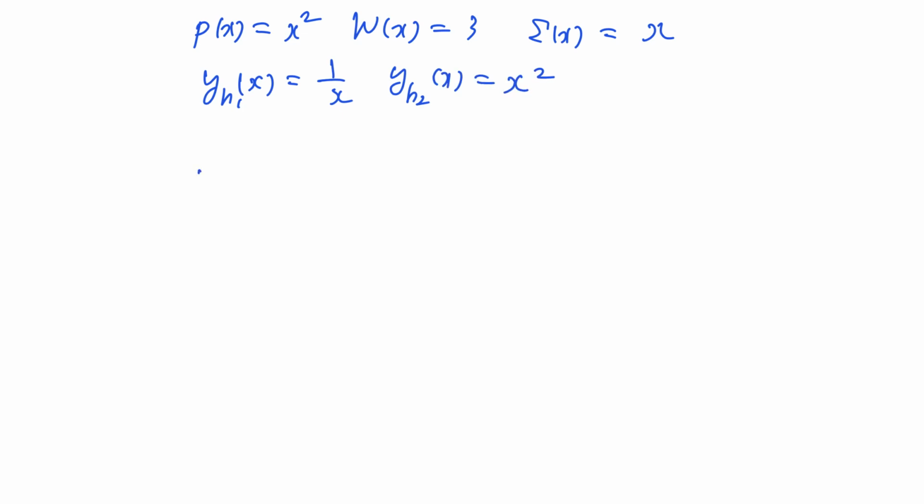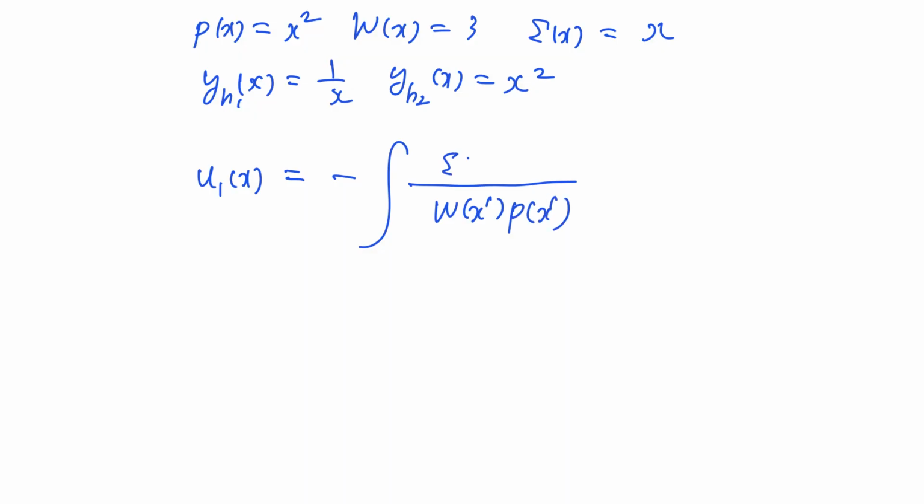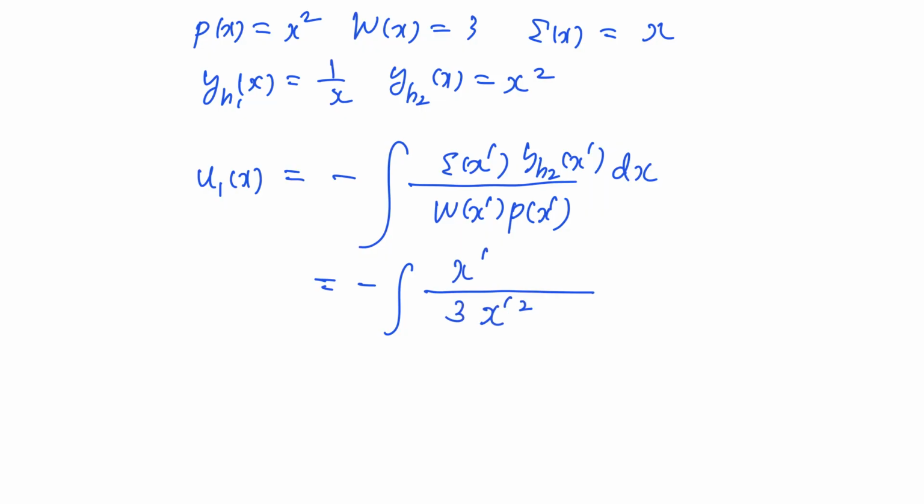So u1(x) is minus the integral of y_h2(x') s(x') over W(x') dx', which is minus the integral of, with the Wronskian being 3, x squared times x' over 3x' squared dx'. So this and this cancel each other, and we have minus 1 over 6 x squared.